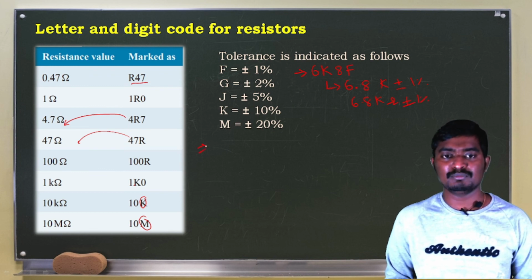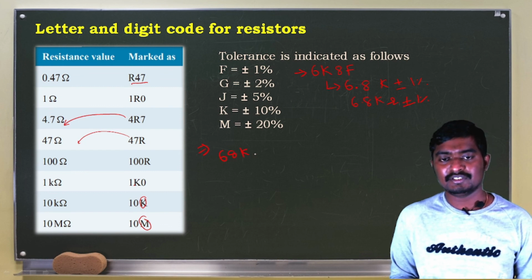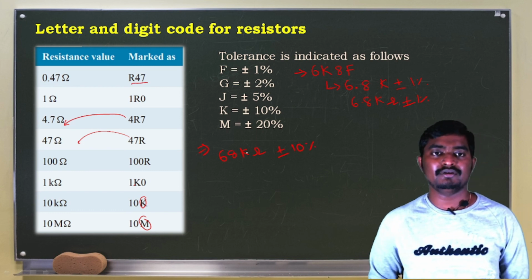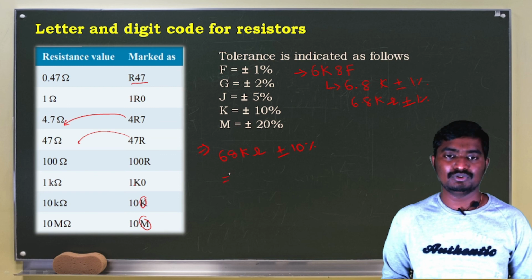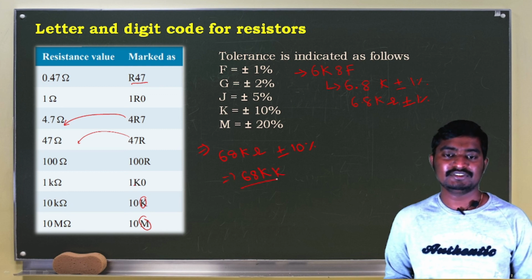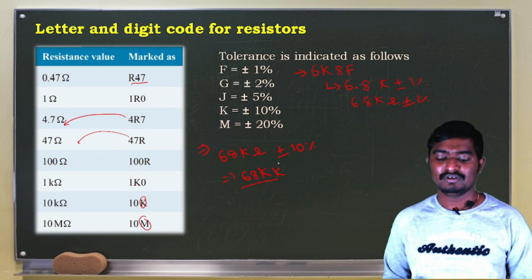We will see another example. Suppose I have taken 68 kilo ohms plus or minus 10%. How can we represent it in marked value? So 68 kilo ohms, and for 10% tolerance, it is K. 68KK means 68 kilo ohms and 10% tolerance.